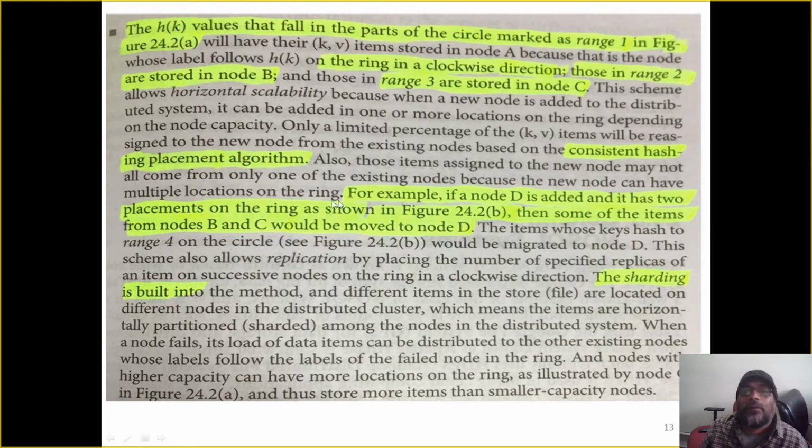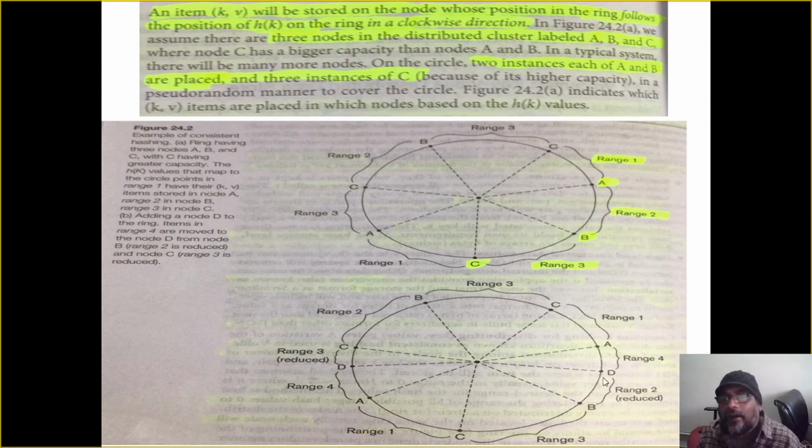So for example, if node D is added with two placements on the ring as shown in figure B, then some of the items from nodes B and C would be moved to D. So what will happen when we add here, then a few items of it is saying B.